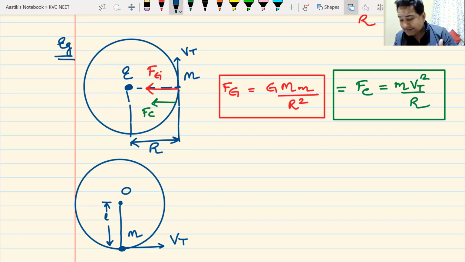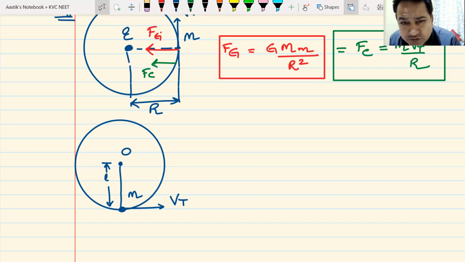Now the question arises. This is moving in a circular path. Someone must give it centripetal force. The question is, who is that gentleman who is giving this body the required centripetal force to move in a circular path?